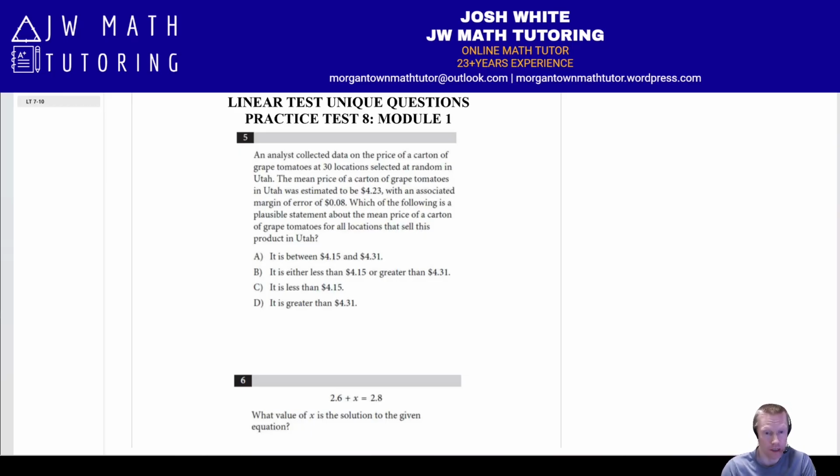Working on them has no effect on any Blue Book practice test, because you're not going to see these questions on a Blue Book practice test. The other questions in this linear paper practice test 8 do overlap with the Blue Book test. So just keep that in mind.